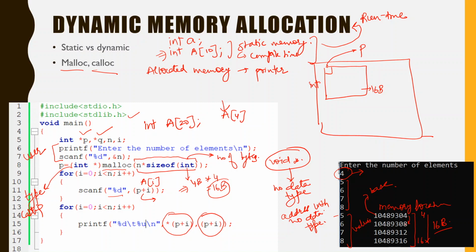So 4 is incremented to 8, 8 to 12, and 12 to 16. This is how various elements are stored using malloc. So you have to remember this syntax for storage of any array with the help of dynamic memory allocation.